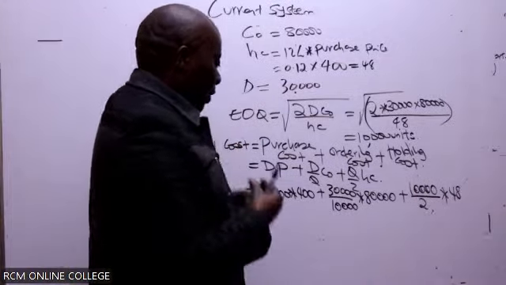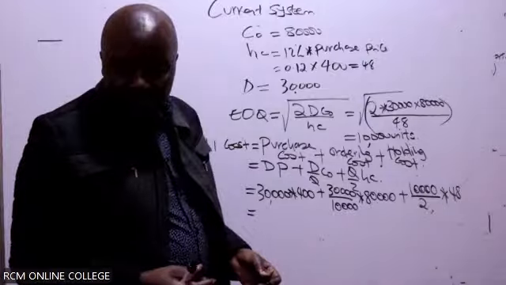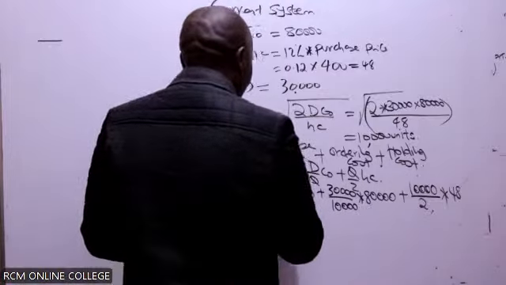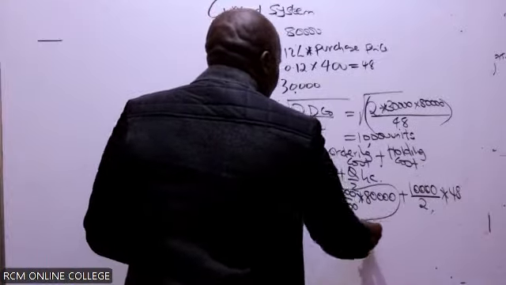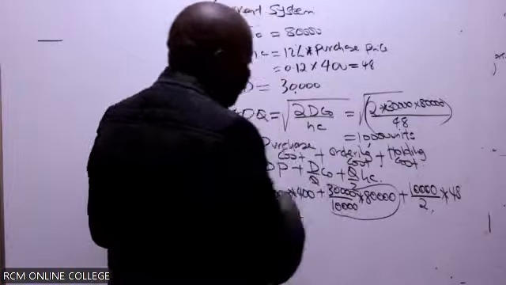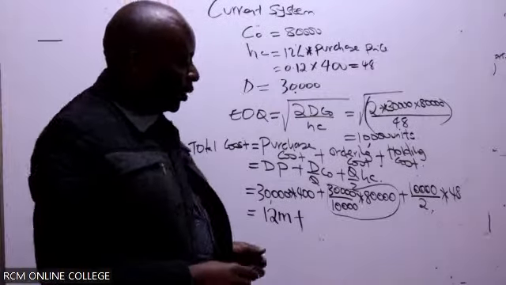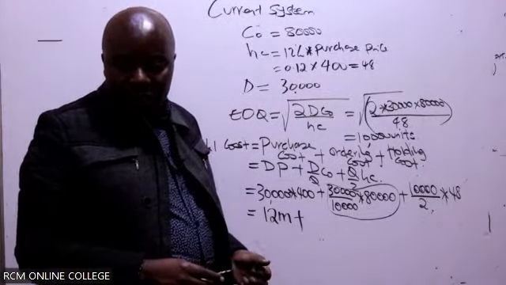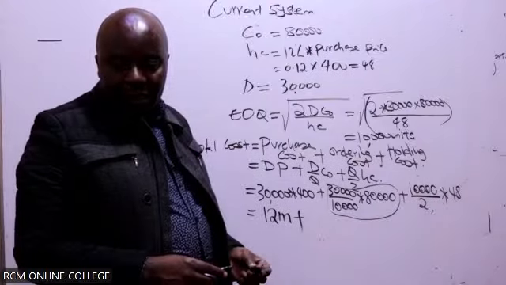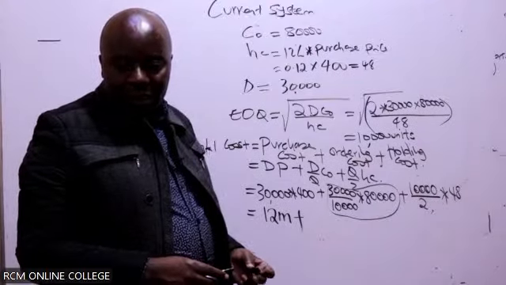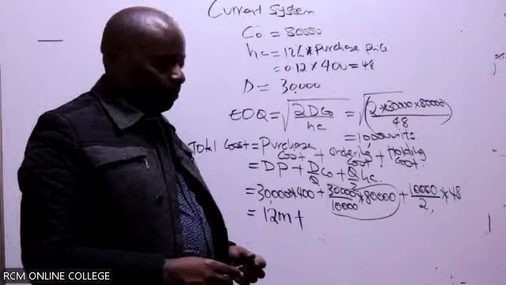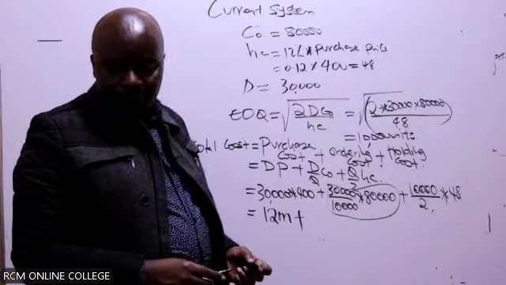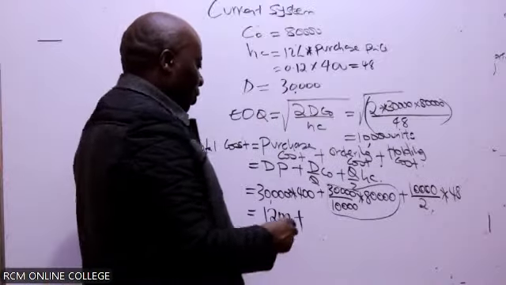So 30,000 times 400 will end up giving me 12 million. 12 million plus, how about this number alone, 30,000 times 80,000 divided, the one that I've boxed there? 240,000.